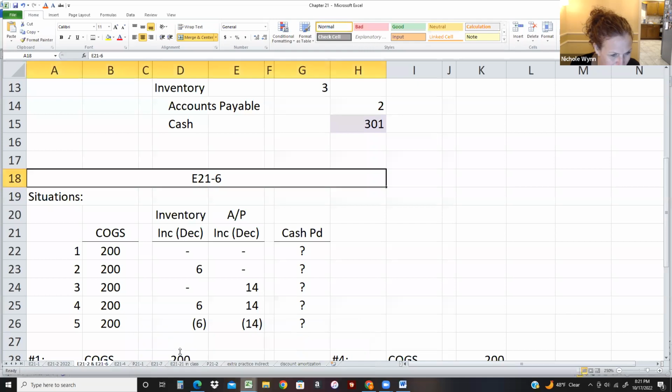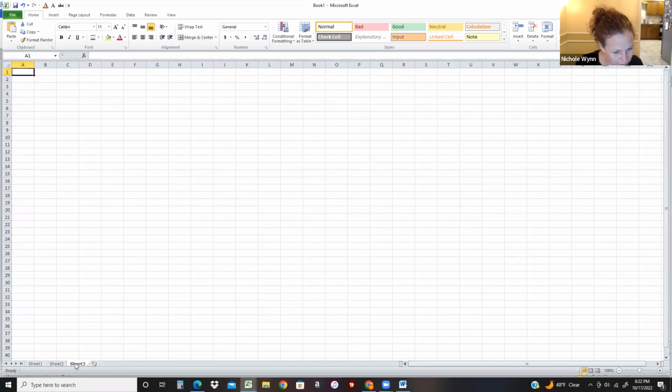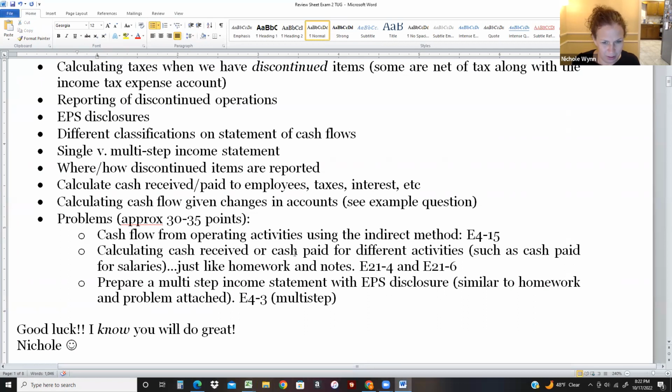I'm going to go over here. I want to stop a second and calculate how many points things are going to be worth. This question, calculating cash received or cash paid, is a pretty quick question. That one's going to be worth 6 points. I'm guessing this one should be worth like 20. And then this one. 1, 2, 3, 4, 5, 6, 7. So that's 36 points.